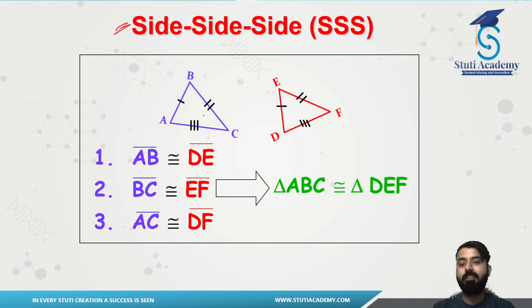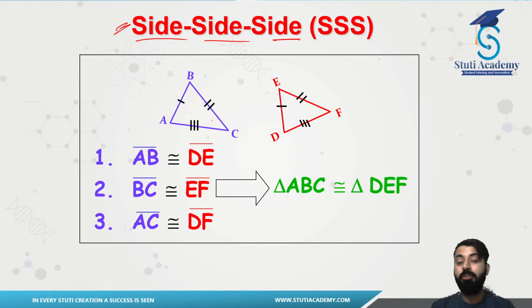This criteria states that in a pair of triangles, if three pairs of corresponding sides are congruent with one another, that means if line segment AB is congruent to DE, BC is congruent to EF, and AC is congruent to DF, then you can say both of the triangles are congruent using which criteria? Side side side criteria.